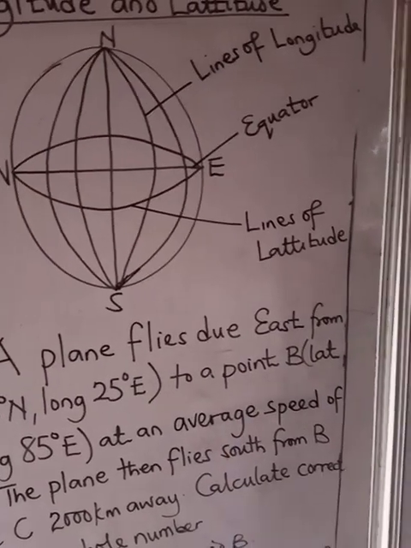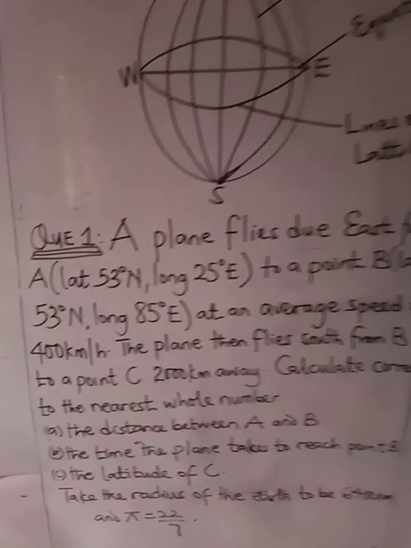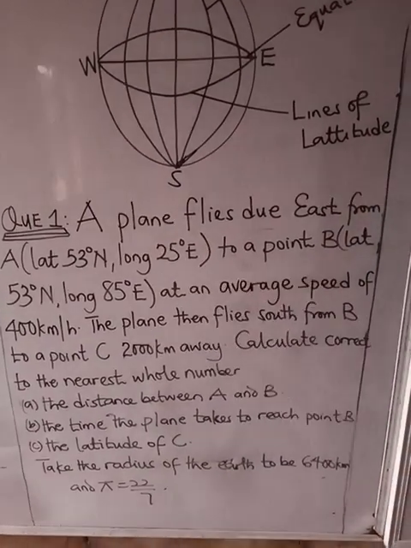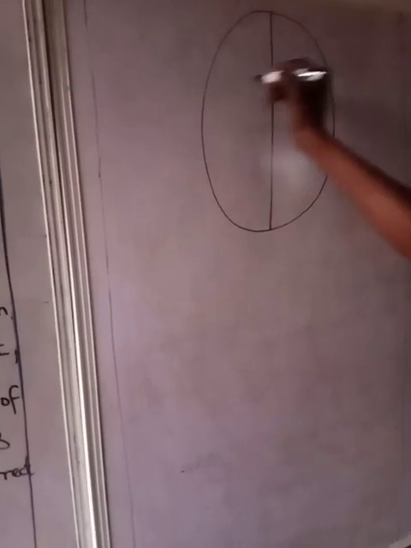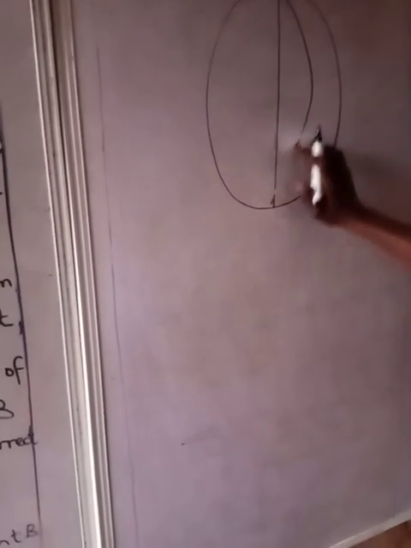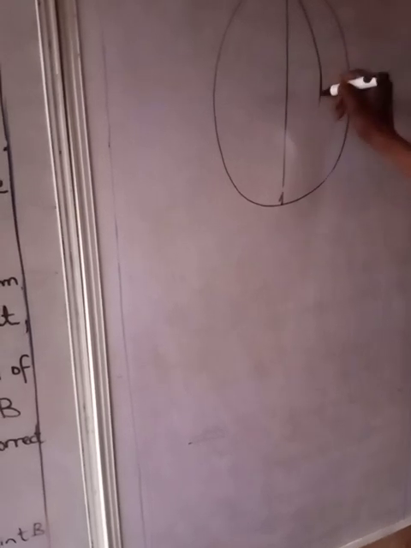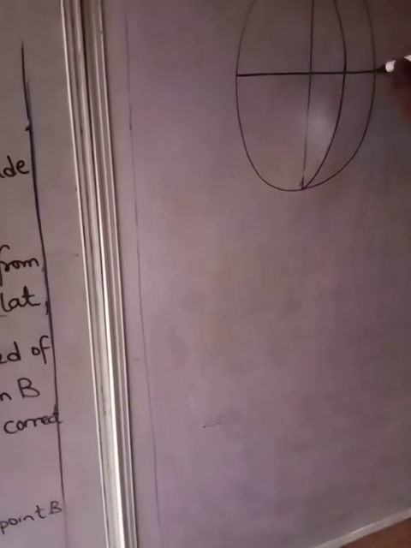So question 1: a plane flies due east. That's towards the east, so we're doing that together now. This is west, this is east.